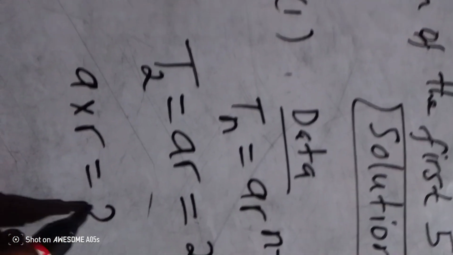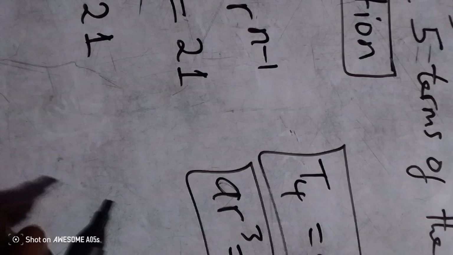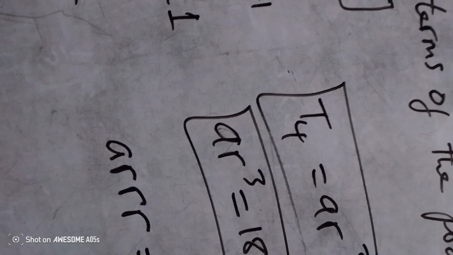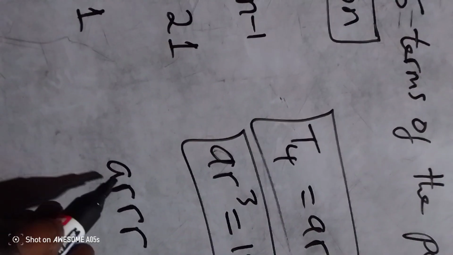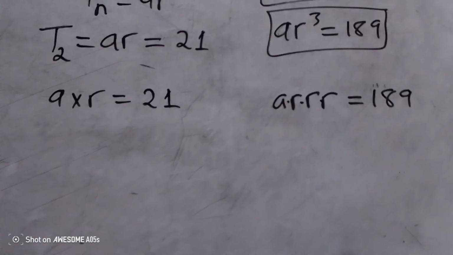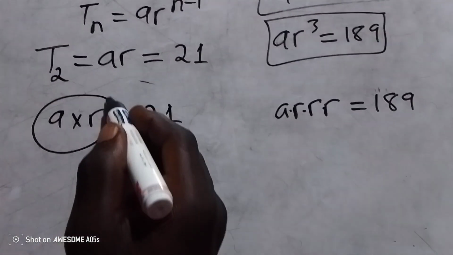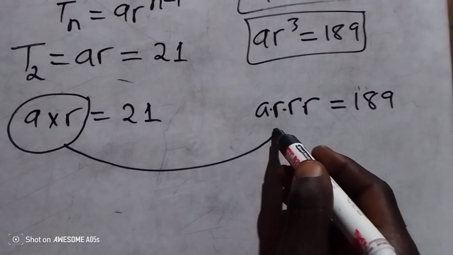Now, a times r gives you 21, and a r cubed is the one giving you 189. We know that these are multiplying, so if you compare the two expressions, you can see that a times r can be put here.